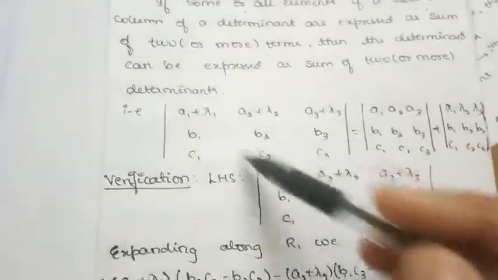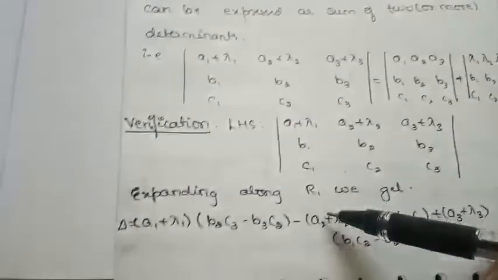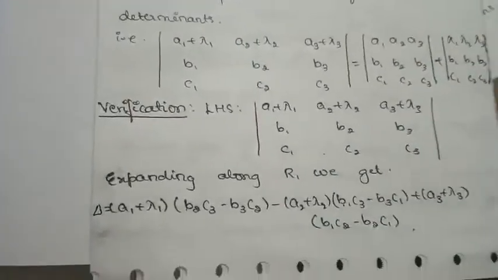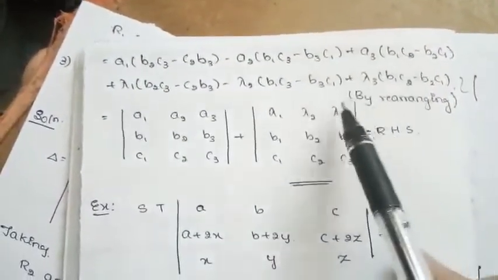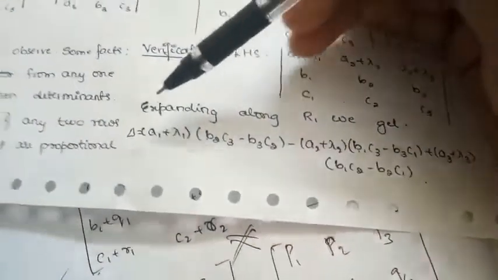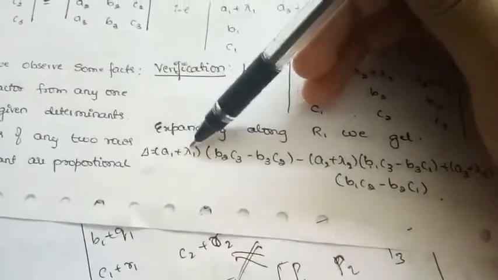In the verification part of property 5, you can see they have expressed it like this, and here we have considered the LHS and expanded it along row 1. After expanding along row 1, we have rearranged it. See how we make that rearrangement: you can see here a1 plus lambda 1.